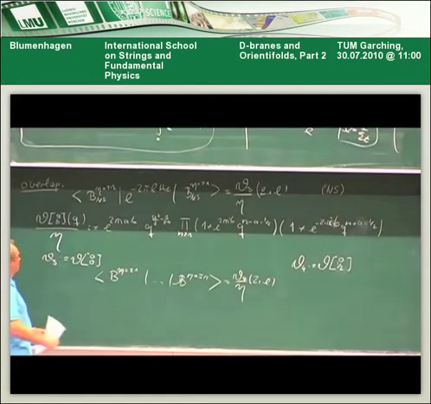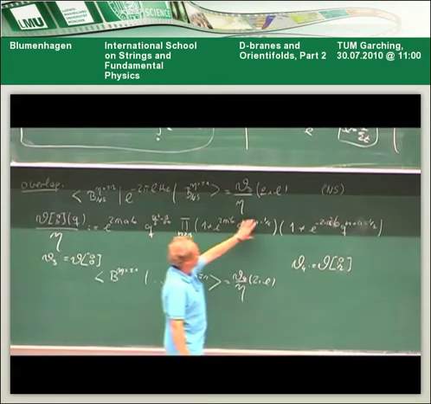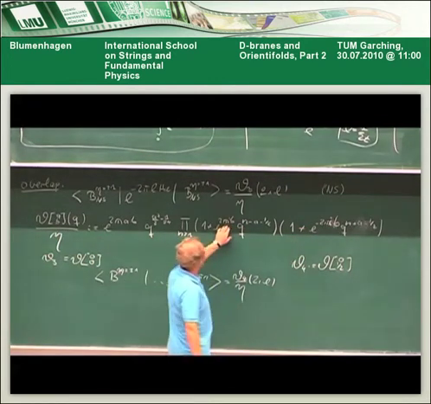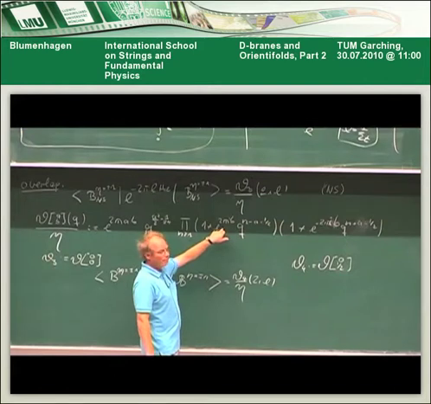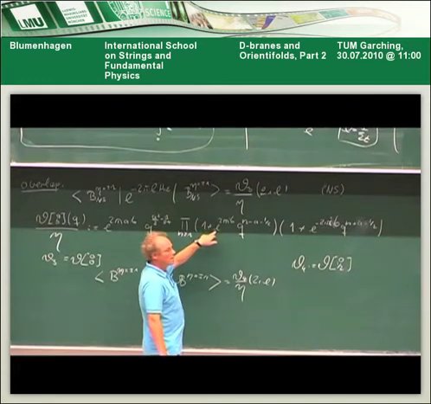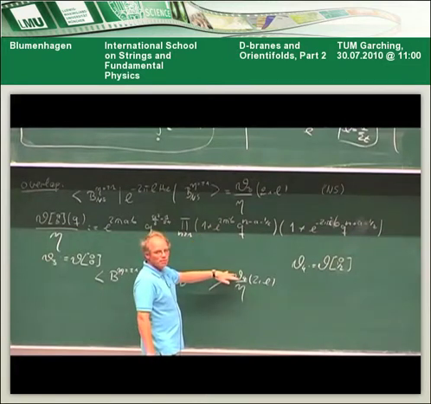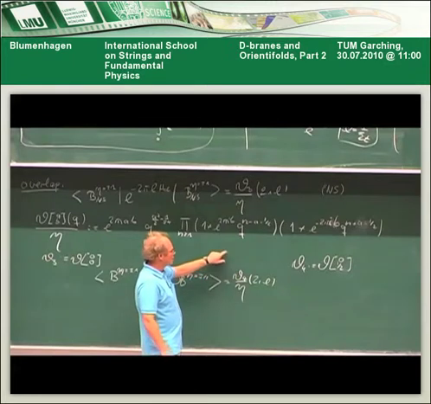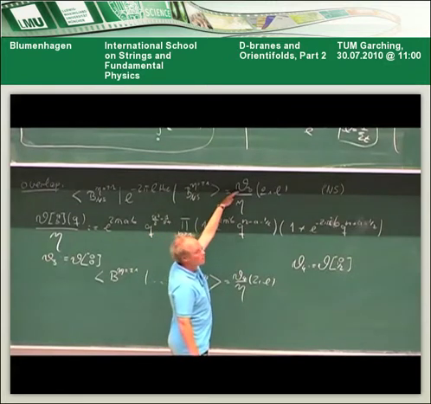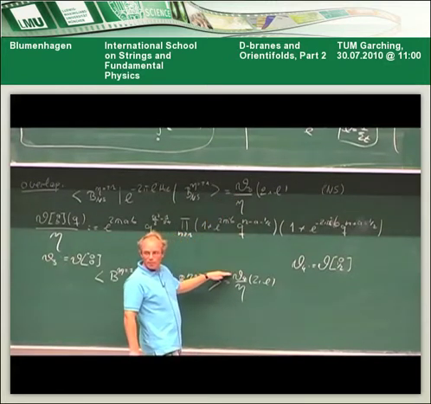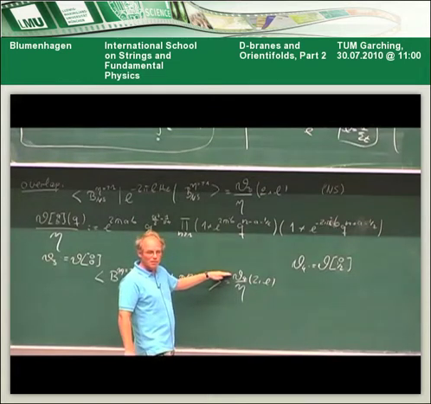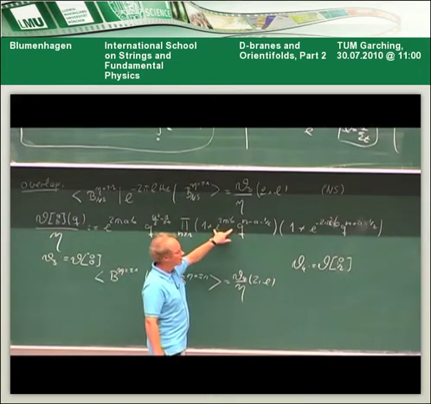So b is 1/2. Here there's no change, but here there is a change. You get a minus sign instead of a plus sign, which means that every fermionic excitation gives you an extra minus sign. So this also appears in the GSO projection. If you do the GSO projection and apply -1 to the FL, you move precisely from θ3 to θ4 on the level of partition functions, because each fermion gets an extra minus sign.